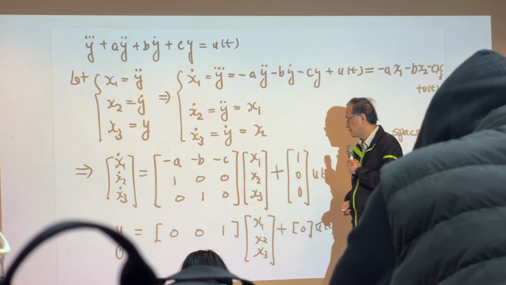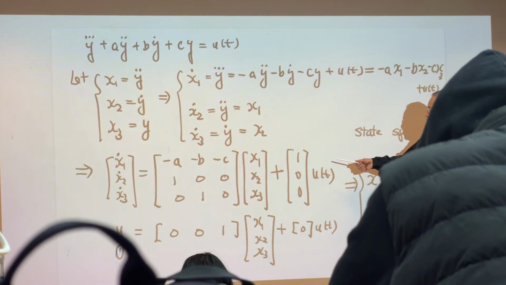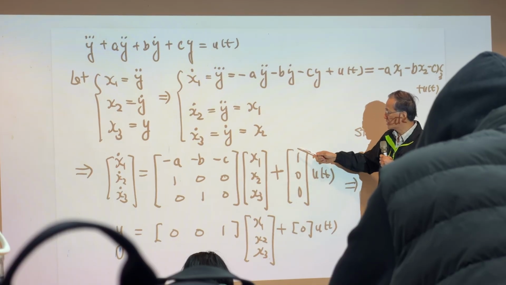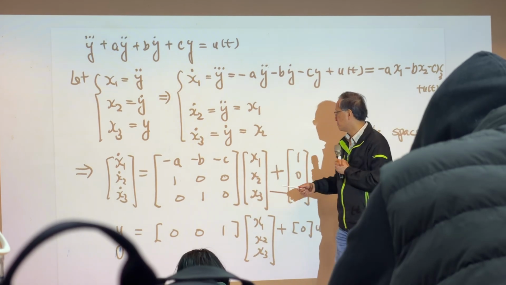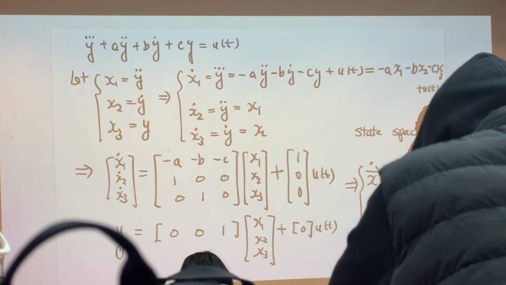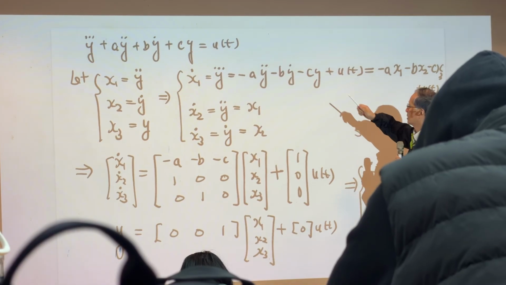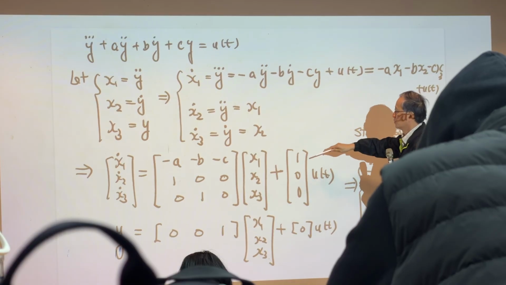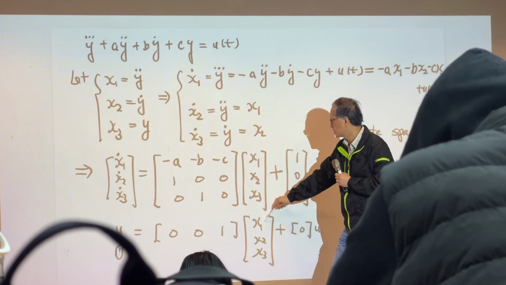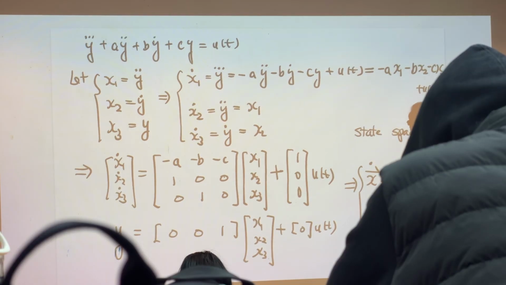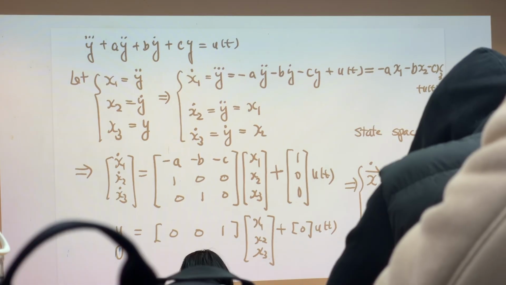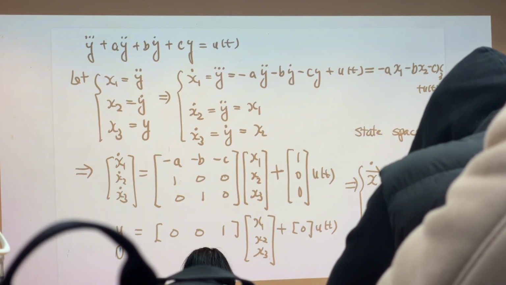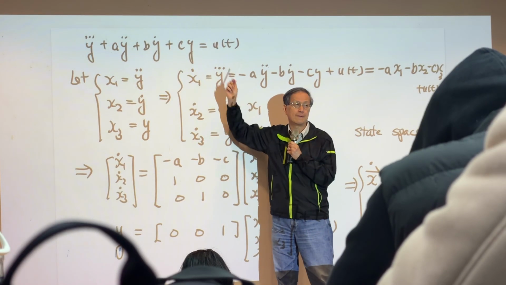And the B previously was 0, 0, 1. Here it becomes 1, 0, 0, because the top row is this one times this one plus this times u(t). So this one still matches our problem.